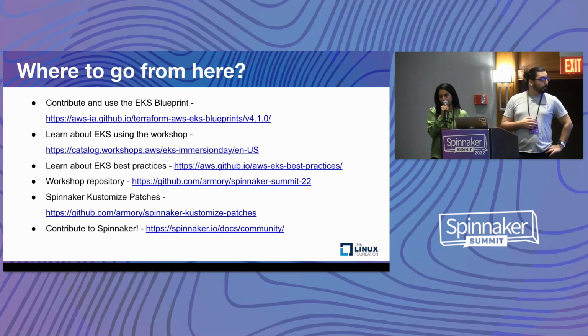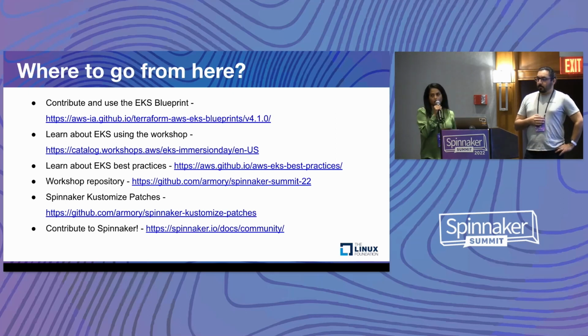It's based on both Terraform and CDK. This link is for Terraform. The second one is the EKS workshop that I published for our AWS customers to get started on. It has all the basic features of EKS, so it really works for immersion days for the customers. And the third one is the EKS best practices. When you are really starting with EKS, this is the right place to go because it has different modules based on security, networking, and reliability, where you can check how to get started with the EKS cluster.